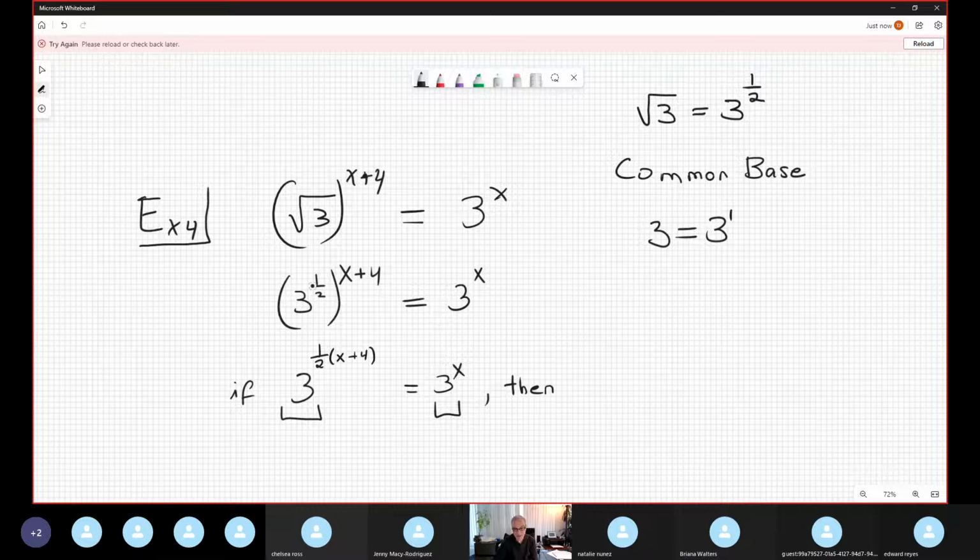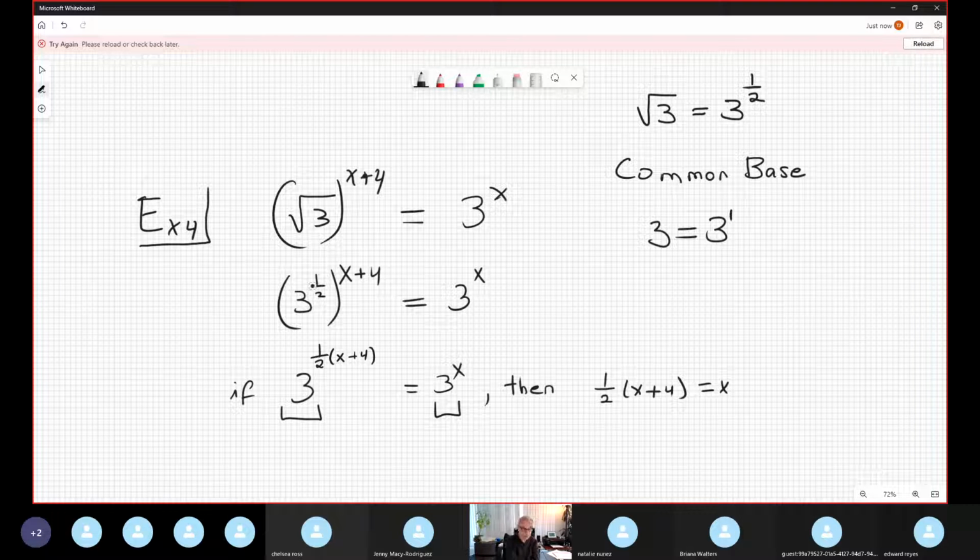The reason we do this is because the function is 1 to 1. Therefore, if you have the same value of the function, you have the same value of the x value. So the conclusion is you copy 1/2 parenthesis x plus 4 equals x. Wow, and magically the 3 disappears.